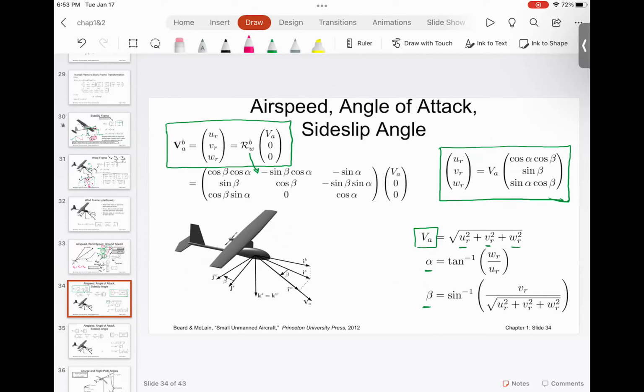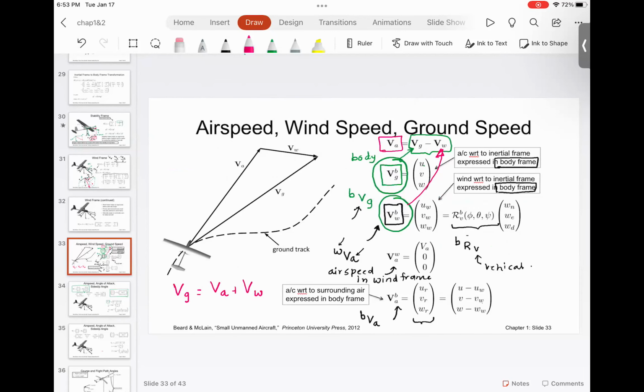At the end of the day, it's just trigonometry going back and forth. So for my own satisfaction, the fundamental equation is this.